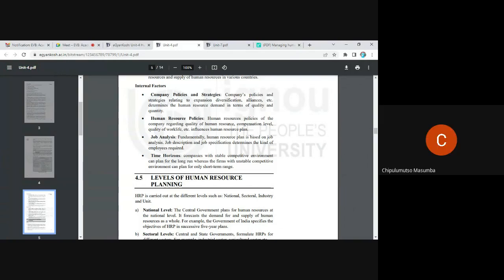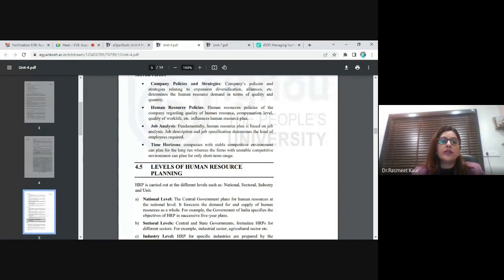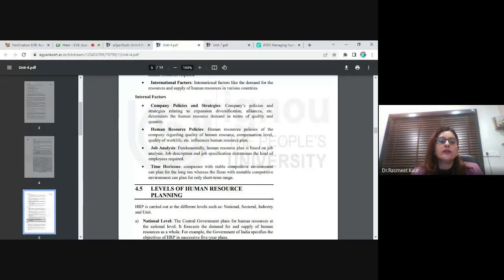Okay, visible. So all these areas, if I talk about internal factors, are those concerns which are always under the control of the organization. That's the reason we call them internal factors. If I want to change my policy, my strategy, that is completely in my hand. If I want to hire HR, if I want to fire HR, I can always do that.